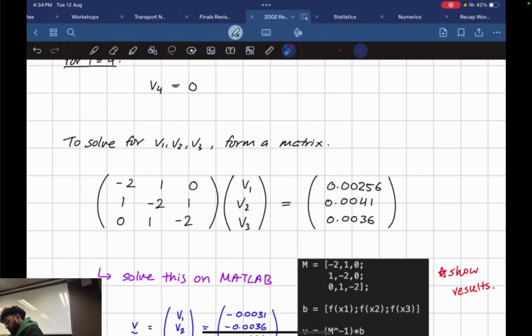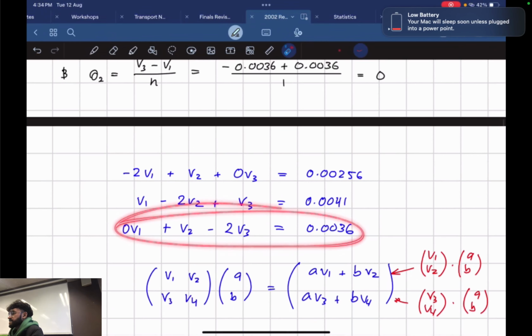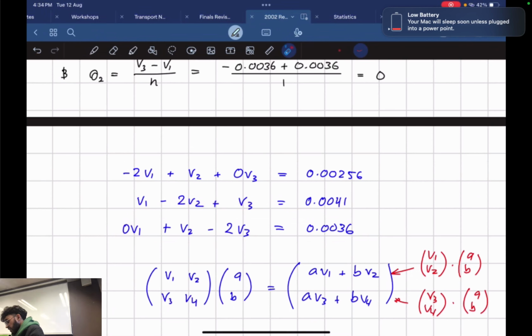Then you do this one and this one, and you get your equation at i equals 2 in terms of V. This is like some math 1A, 1B stuff, so if you didn't pay attention to matrices, it won't make sense. Honestly, I didn't understand it until I did this course, because I skipped matrices. You dot product this by this, and you get your equation down here. That's why I've written the zeros.